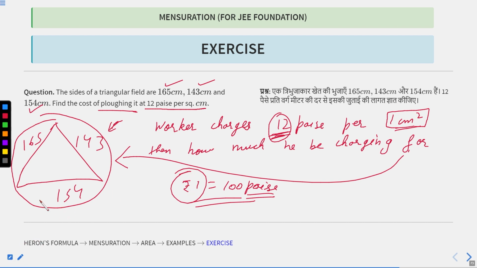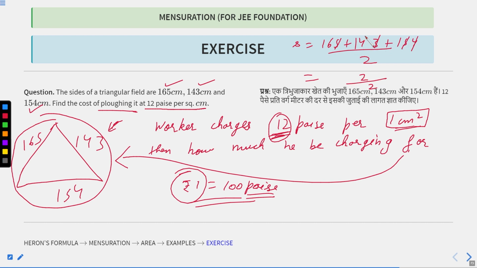So just use Heron's formula. For Heron's formula, S will be 165 plus 143 plus 154 divided by 2. Just add them. 4 and 3 is 7, 7 and 5 is 12, so it is 2 and carry 1.